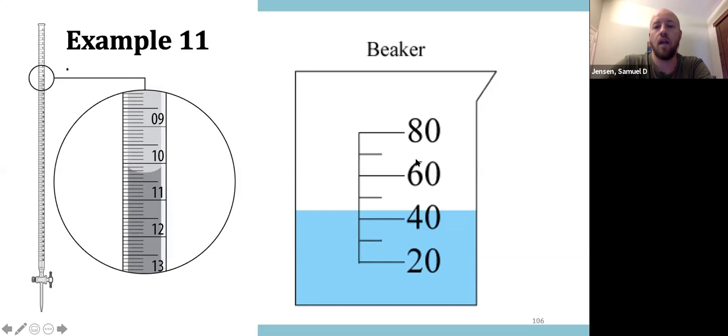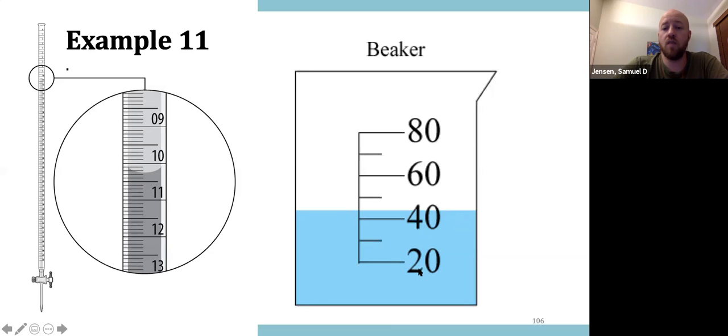Okay, if we look at the beaker, if we were in the lab, we would use beakers. Beakers are not calibrated the same way as a graduated cylinder. Their markings here are by 20 milliliter increments. So that means we're in the tens position of value.